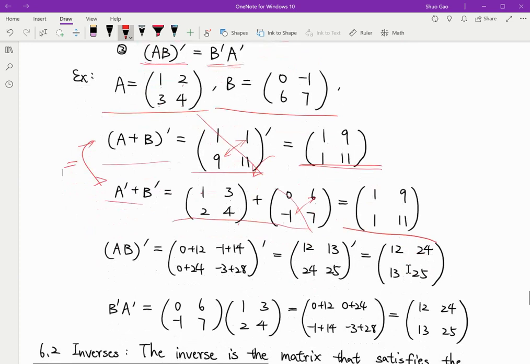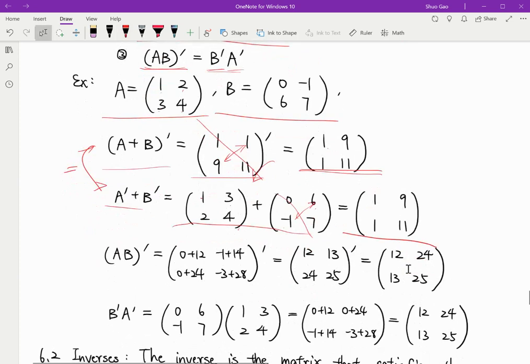And we calculate A times B and then transpose. A times B, I can skip the calculating process here. A times B is this thing, right? And then we calculate the transpose of this matrix. So it should be, again, 12, 25, 13, and 24.